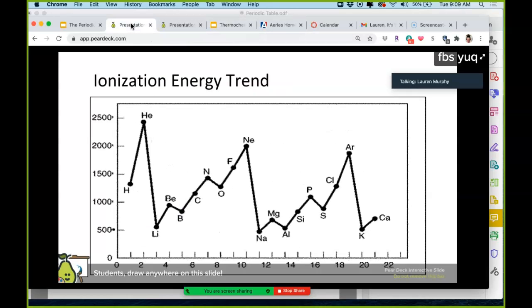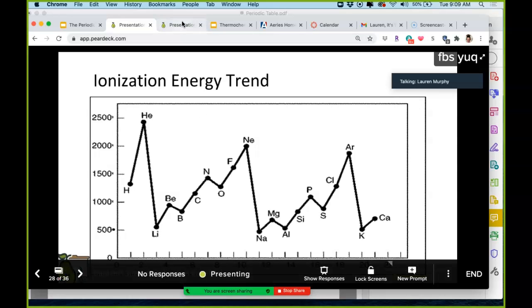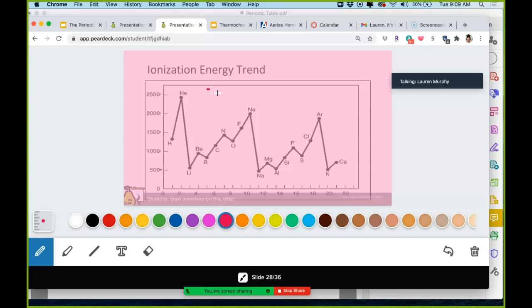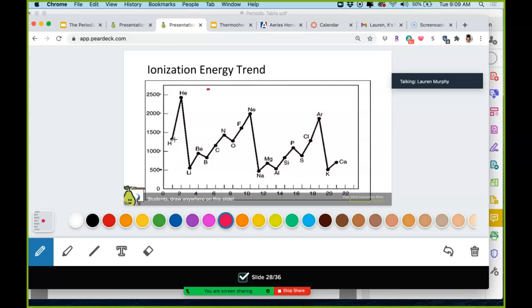Okay, so now you're going to look at this funky little trend, all right? So there are some exceptions in our ionization energies. As you go across, this is period 1, this is period 2, this is period 3, and then it stops at calcium, period 4. As you go across a period, ionization energy increases generally.